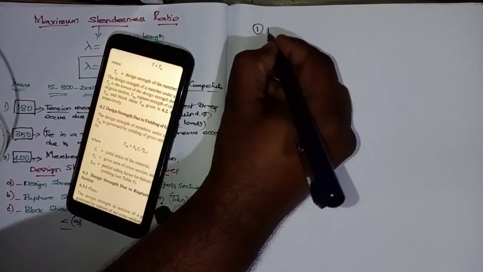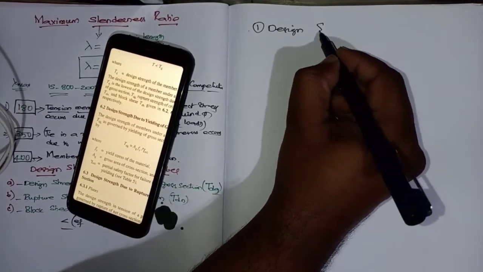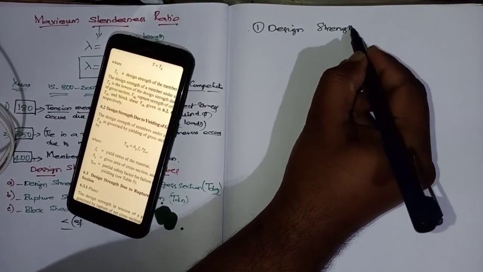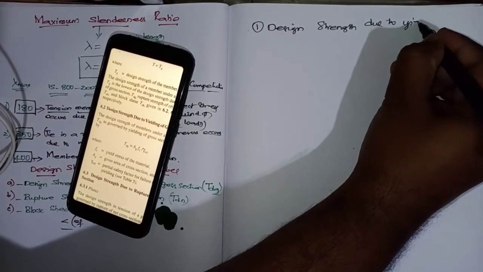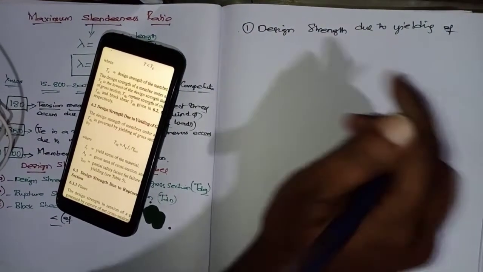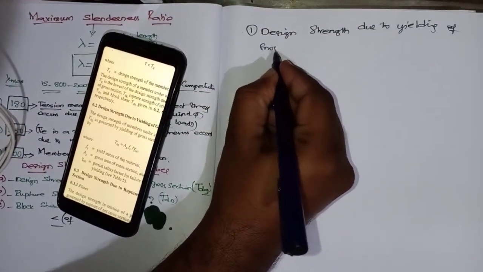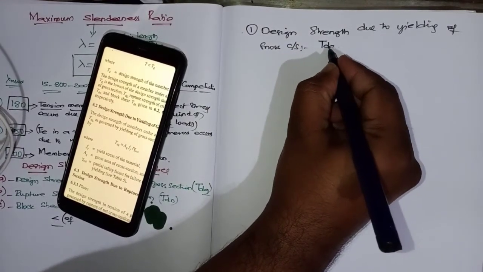First one, design strength due to yielding of gross section, cross section, that is TDG.